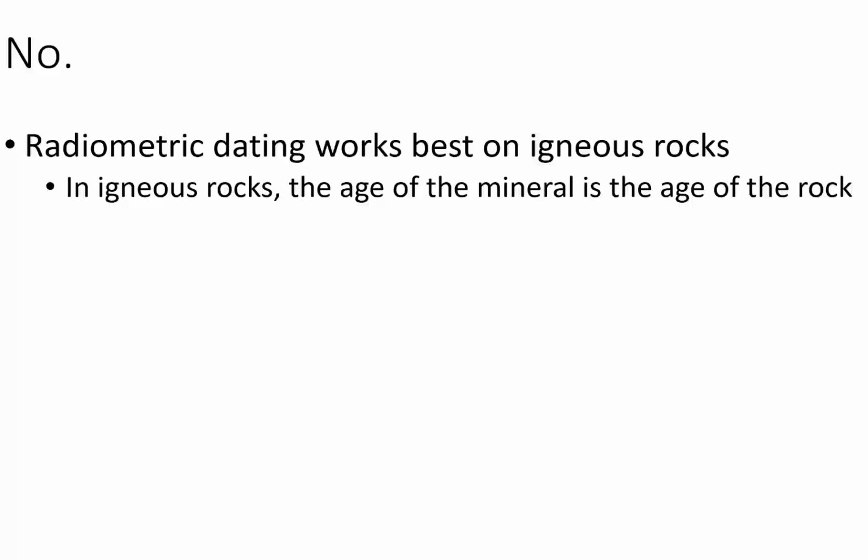So as time goes on, we have more and more stable daughter isotopes trapped in our mineral and fewer radioactive parent isotopes. Because all igneous rocks form from the cooling and crystallization of magma, and that happens geologically in an instant, all of the minerals in a given igneous rock are the same age, and they're the same age as the rock itself.